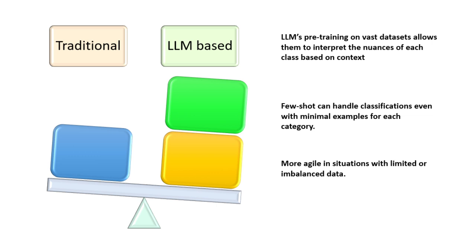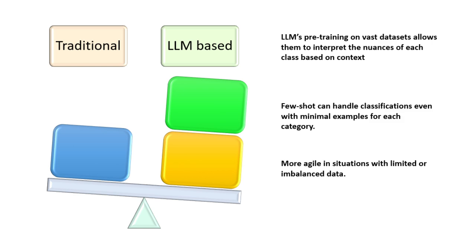LLMs don't rely on a large sample size in each category, so their pre-training on vast datasets allows them to interpret the nuances of each class based on the context. So they can perform well even with limited data in some categories. This means that LLM-based classifiers are more agile in situations like this, where you have limited or imbalanced data, as we see here. Here, the traditional methods may struggle without extensive pre-processing and adjustments.